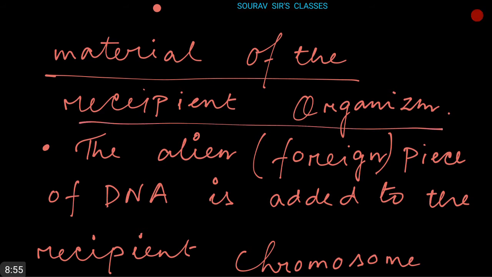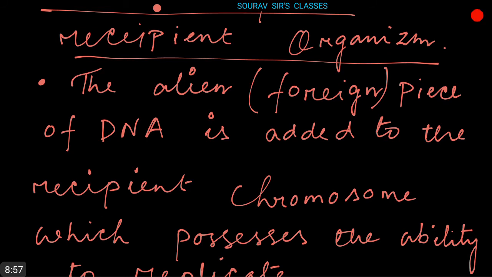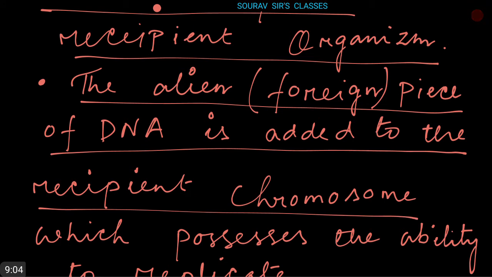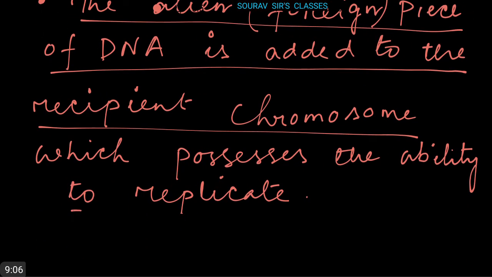And then after the third stage, the foreign piece of DNA is added to the recipient chromosome, which possesses the ability to replicate.